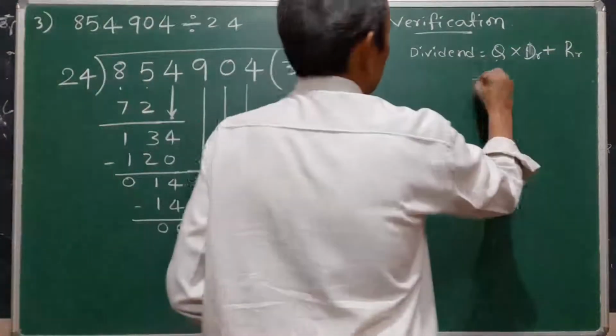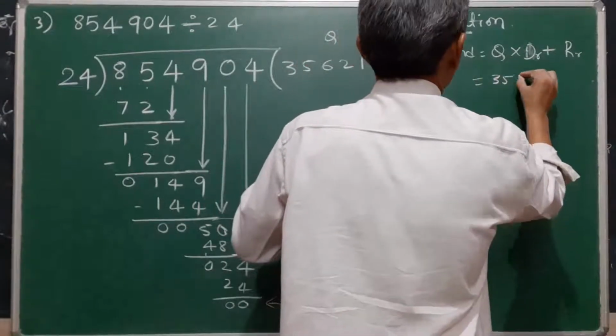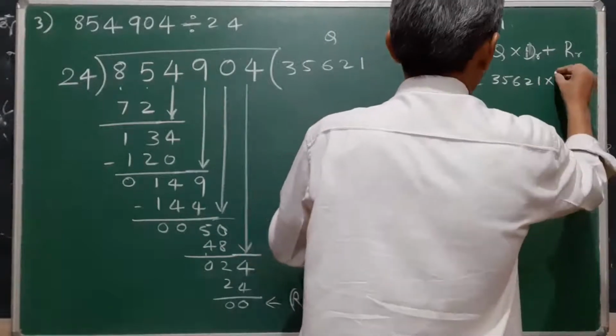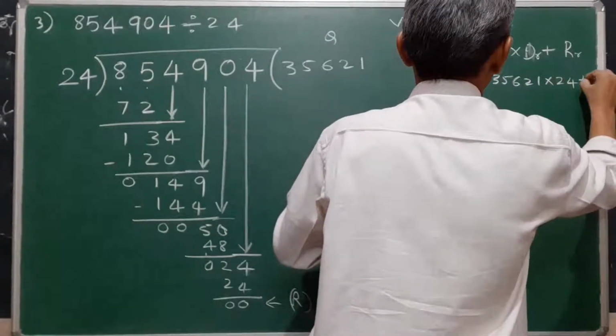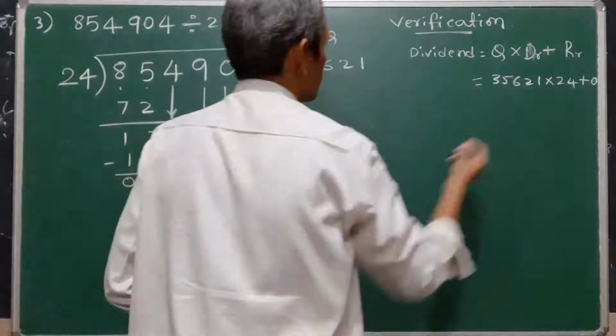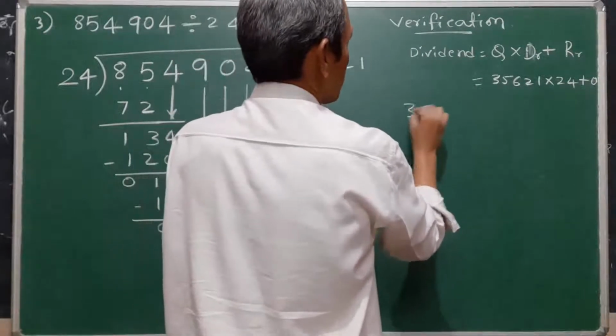Then the result is verified. Quotient is this one, 3 5 6 2 1, and this divisor is 24, remainder is 0. Now we will multiply these two, quotient and divisor. Let us see what we will get.